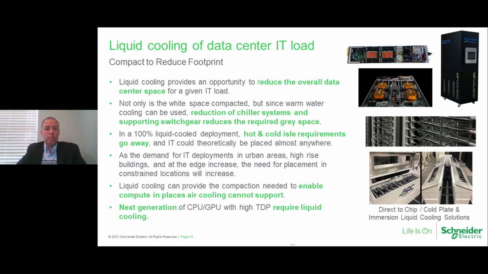It can have a smaller footprint in the data center itself, but it also has a huge impact on the system because you need less cooling equipment, and all of that cooling equipment takes space. All of the switchgear to feed that cooling equipment takes space. So this can have a big impact on our electrical installations.